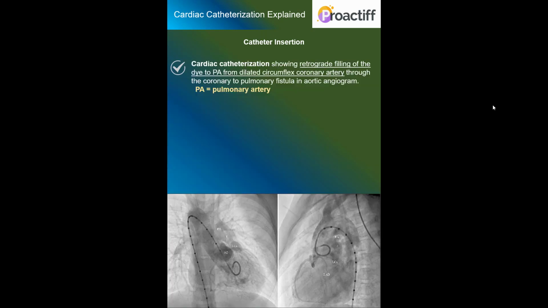The catheterization shows the retrograde filling of the dye to the pulmonary artery from the dilated circumflex coronary artery through to the pulmonary fistula in the aortic angiogram.